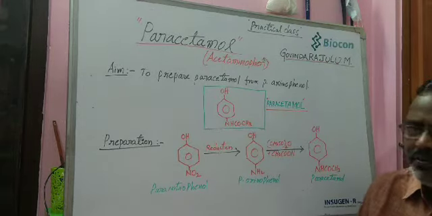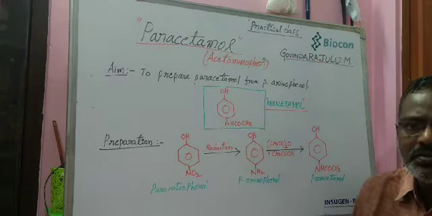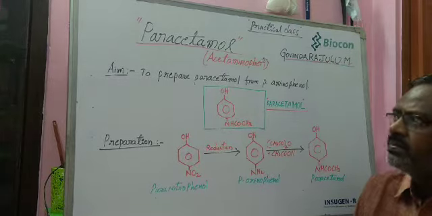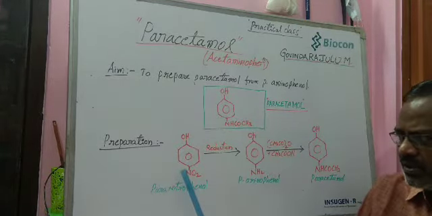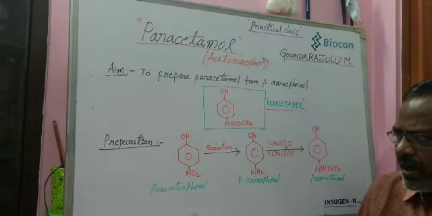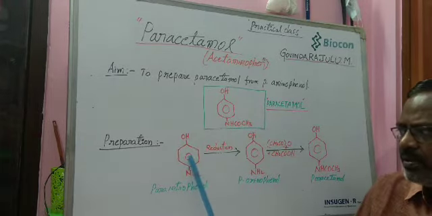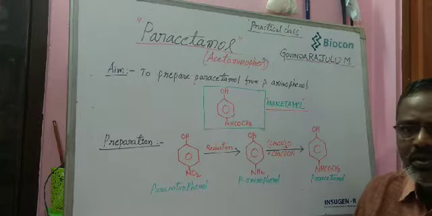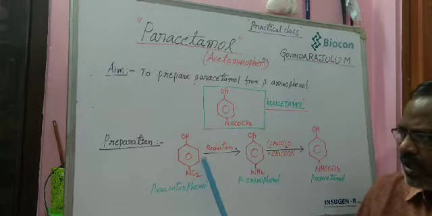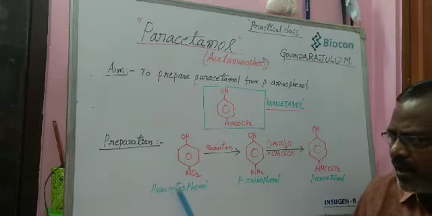It is a very simple process. For preparation, first we take para-nitrophenol: a benzene ring with a hydroxy group above and an NO2 nitro group below.